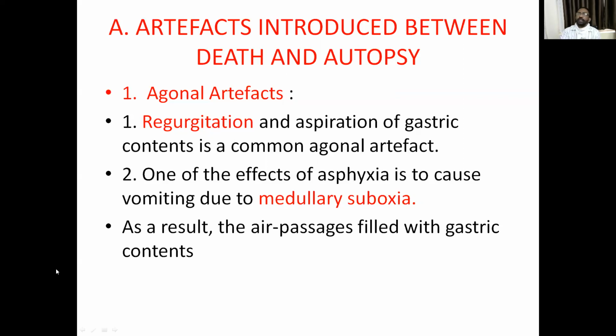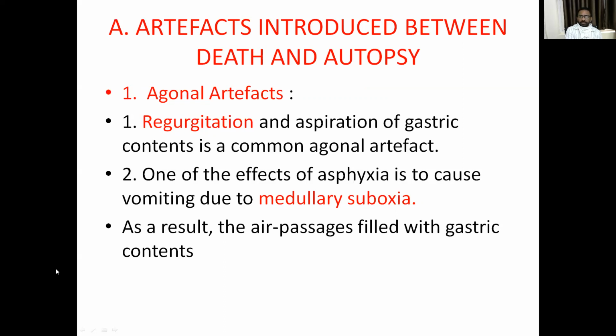If you find during postmortem examination gastric content in the bronchioles or the alveoli of the lung, it is not due to the actual cause of death. Like that, you can differentiate the artifact from the original cause of death. These are agonal artifacts.